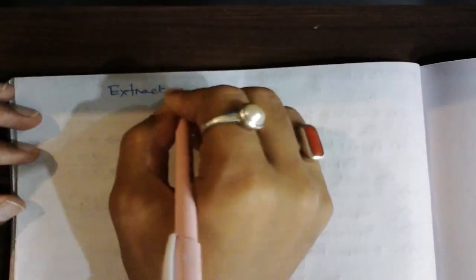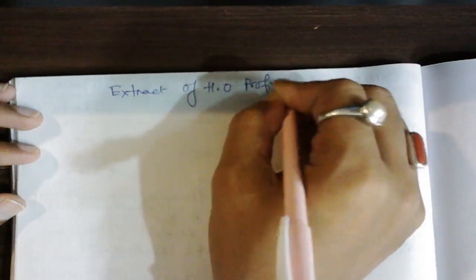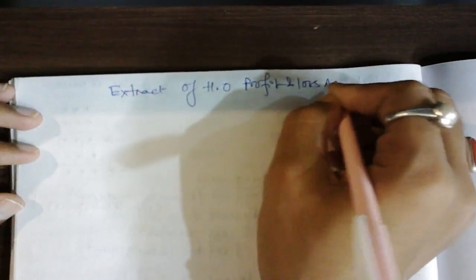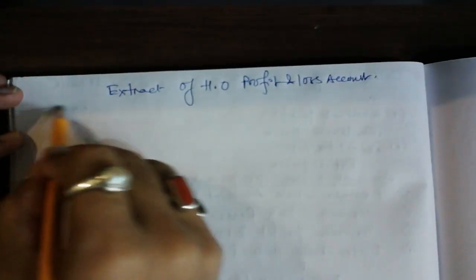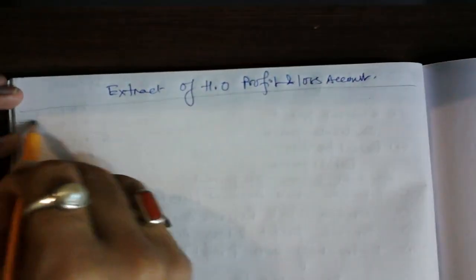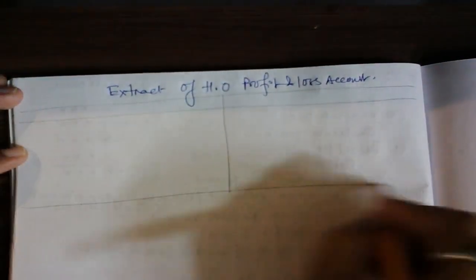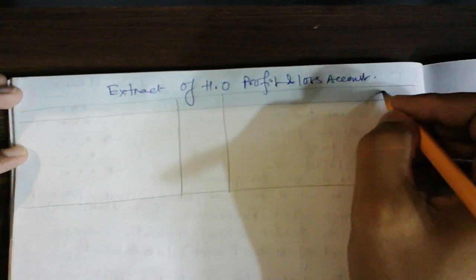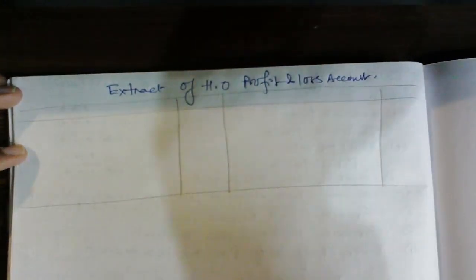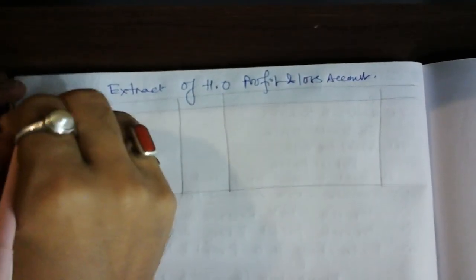So write here extract of head office profit and loss account. This extract is relevant for the purpose of this particular branch.